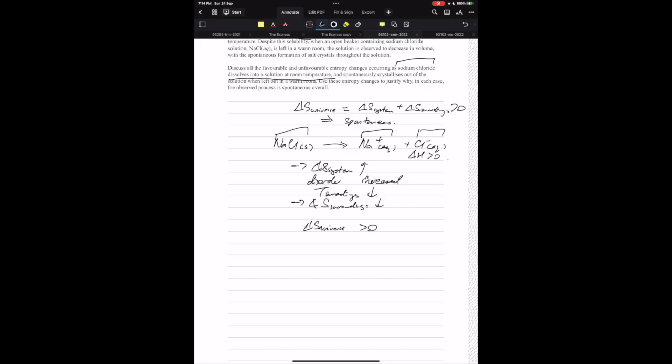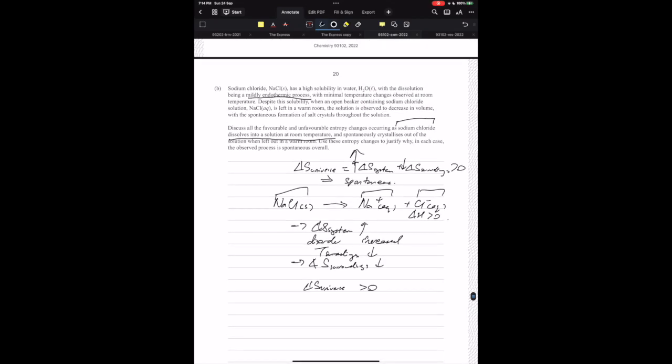We know that delta S of the system has increased and delta S of the surroundings has decreased. But for it to be greater than 0, this delta S system must be greater than the delta S of the surroundings. That makes sense because it's a mildly endothermic process, which means the decrease in entropy of the surroundings is actually quite insignificant compared to the delta S of the system, which increases. And so overall, the entropy of the universe would still increase, and so overall the reaction is spontaneous.